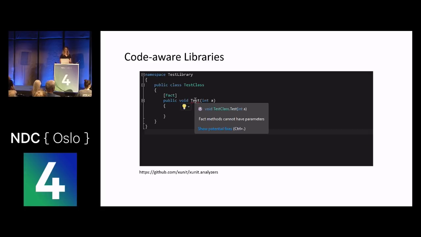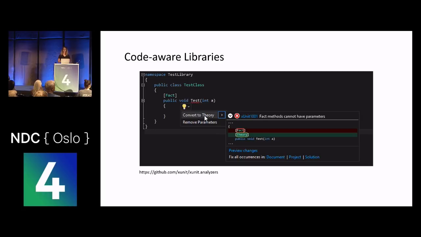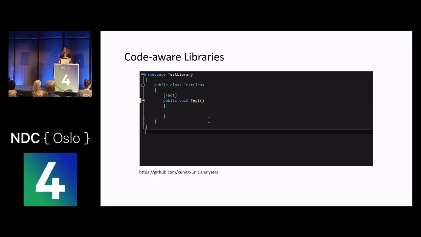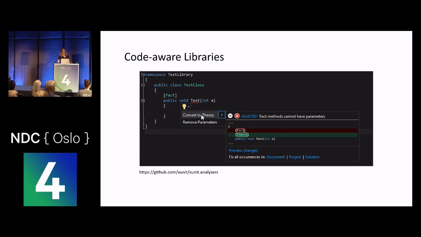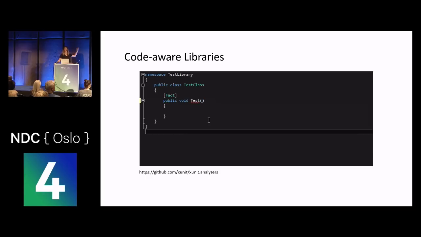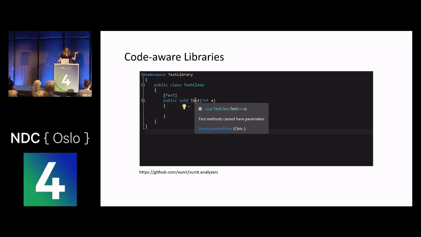And then if you are a library author, this is probably my favorite example. The XUnit team, you may have noticed one day your XUnit NuGet package upgraded and you had a bajillion errors and you're like, what just happened? That was because they added a Roslyn analyzer NuGet package to their NuGet, so that you get this sort of enforcement to help you learn how to properly use XUnit.